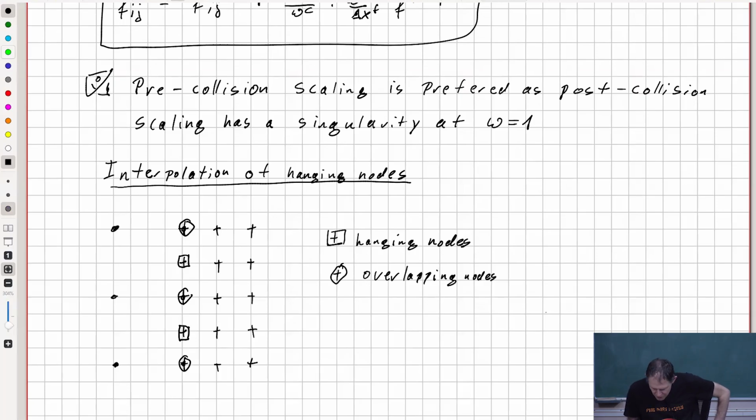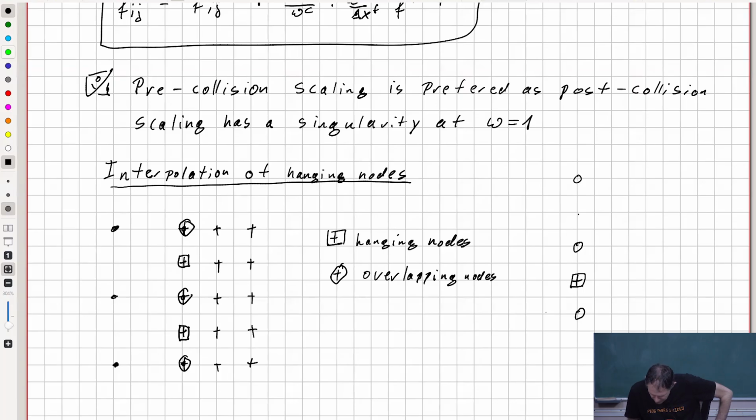So the hanging nodes need some interpolation, and the interpolation that we apply to the hanging nodes is done like this. So we have used the following stencil. We have a hanging fine node in between two coarse nodes. And this is not enough.